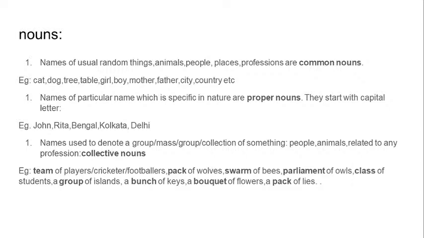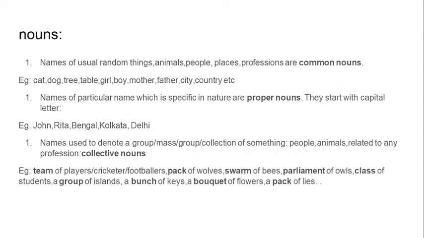Okay, next is proper nouns, which are the particular and proper names of places or a person or any other thing. For example, Taj Mahal.